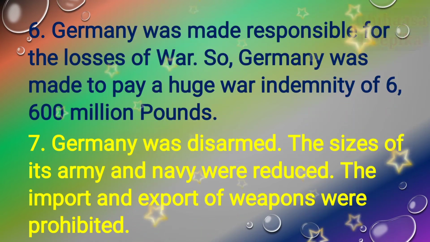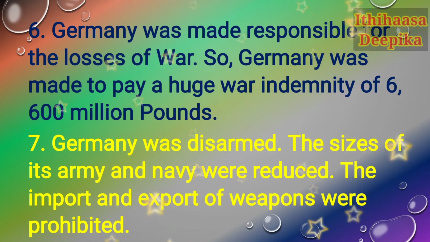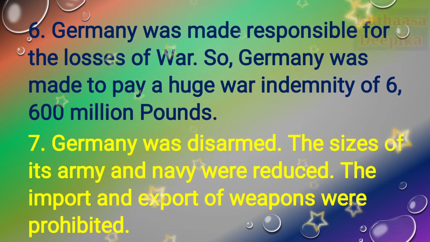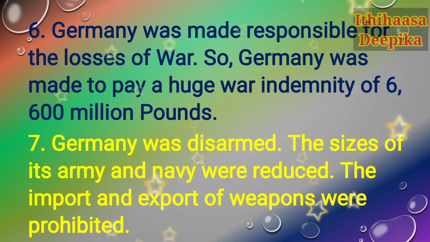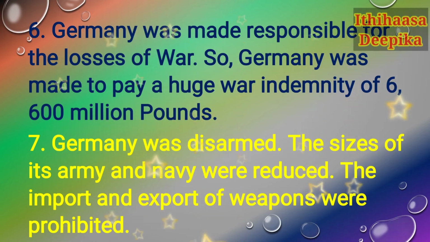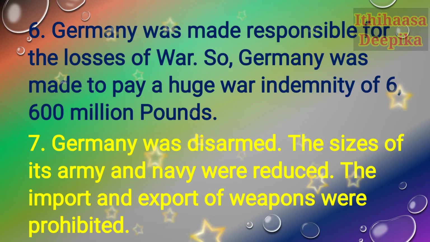Seventh one, Germany was disarmed. The sizes of the German army and navy were reduced. The import and export of weapons were prohibited.